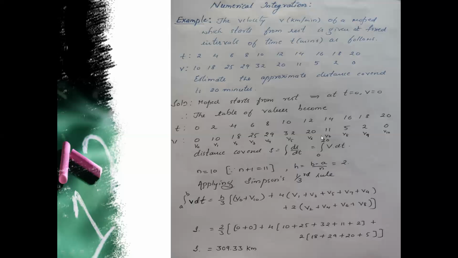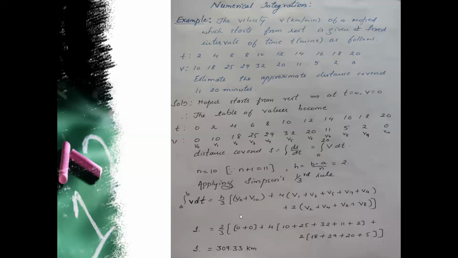We list all of them here: v1 plus v3 plus v5 plus v7 plus v9. Then plus 2 times even suffixes. So don't take v naught, which is already taken here. v2, v4, v6, v8. Again skip the last value. No value should be repeated, so I'll take only up till v8.